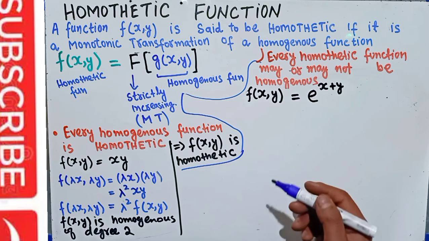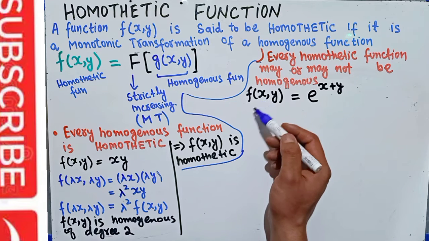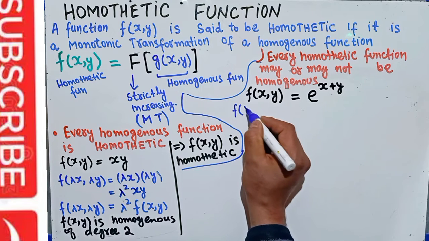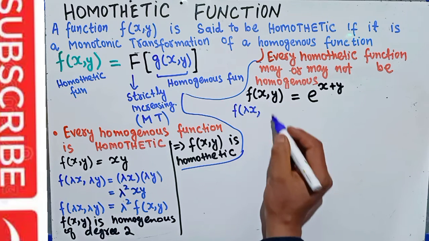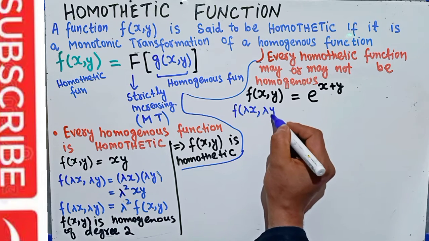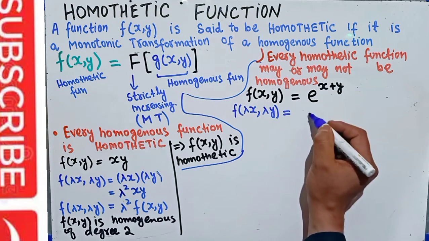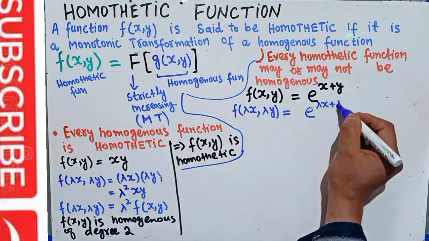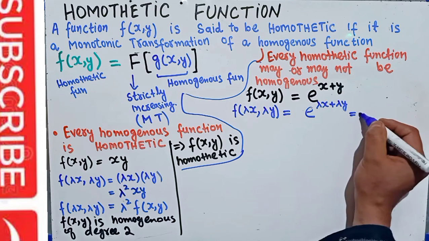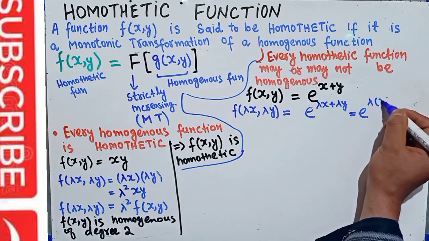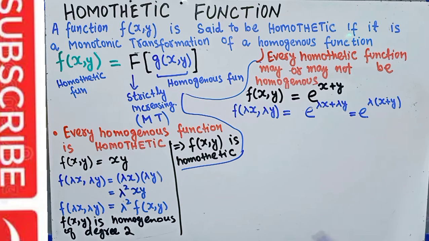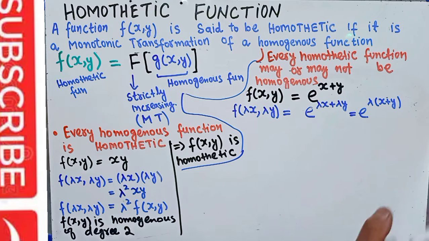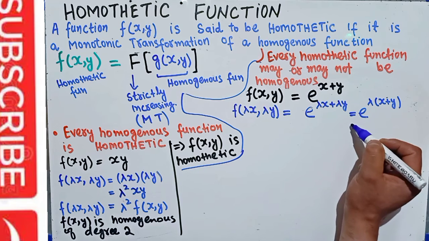For homogeneity, we increase both variables x and y by the same factor lambda. In place of x we have lambda x, and in place of y we have lambda y. Here you can see it is equal to e to the power lambda x plus y. Is it homogeneous? Definitely, absolutely not. Why? Because this lambda should have been here.